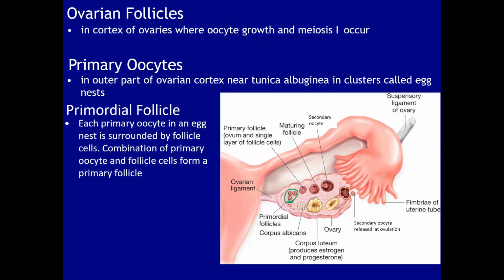So this combination of the primary oocyte and the follicle cells, they form primary follicles. So here is a primary follicle. All of this is occurring in the cortex of the ovary and occurs within egg nests.